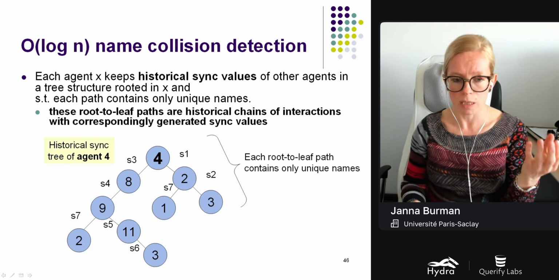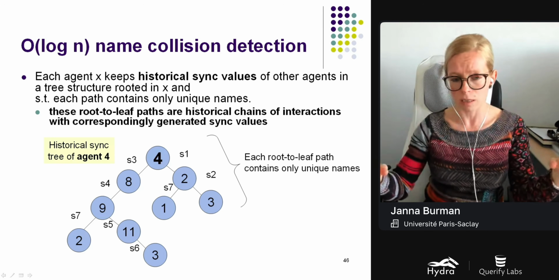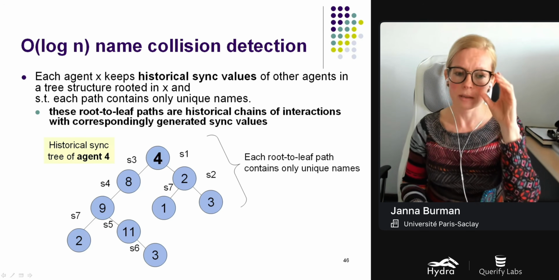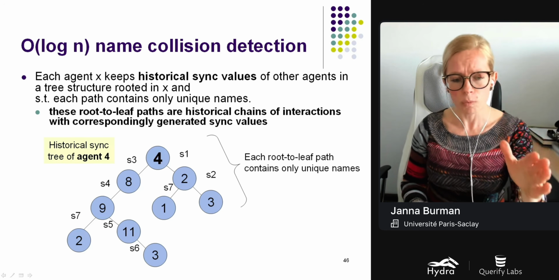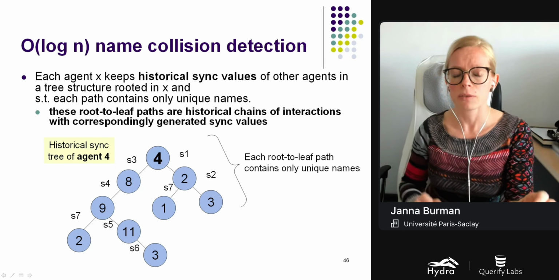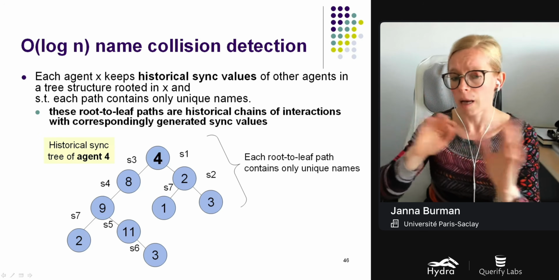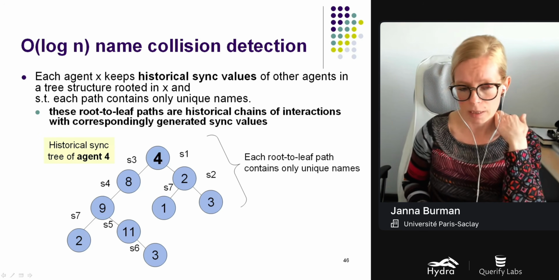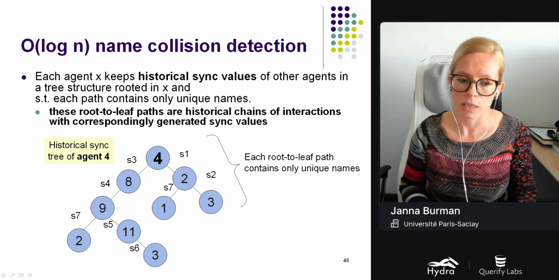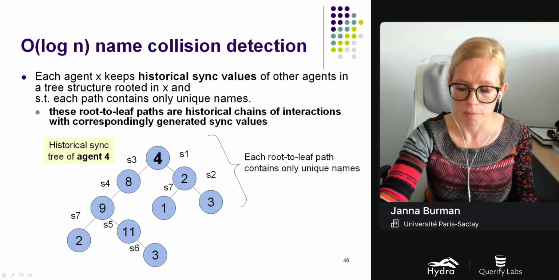So each agent X will keep such historical sync values in a tree rooted in X. What is important is that it will take care that in each leaf to root path only unique names appear, and on the edges we have these sync values that were generated before by the agents.